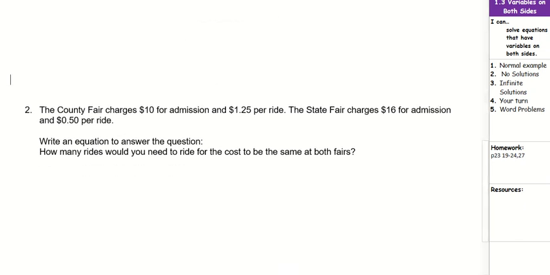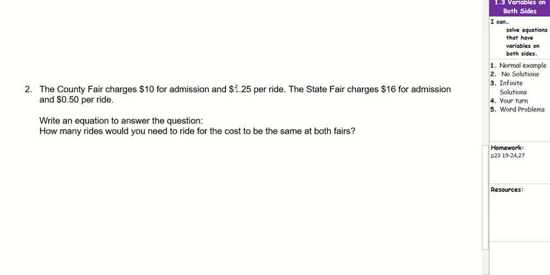So the county fair charges $10 for admission and $1.25 per ride. The state fair charges $16 for admission, but 50 cents per ride. How many rides would you need to ride for the cost to be the same at both fairs? Again, we have an equal sign because we're going to have one thing on this side and one thing on that side. So this side would be the county fair. And this side would be the state fair.